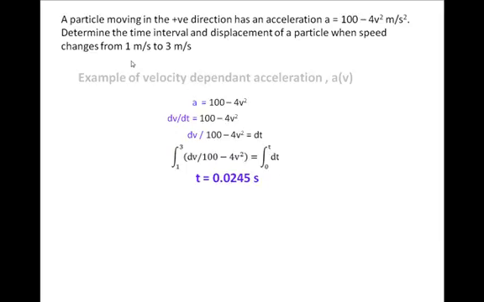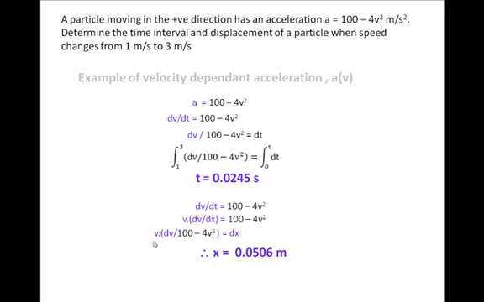So one part you answered, determine the time interval. Now for the displacement, you write dv by dt is 100 minus 4v square. Recognize that dv by dt is nothing but v dv by dx, and that is equal to 100 minus 4v square. And now separate the variables. All v's come on the left side, dx on the right side.